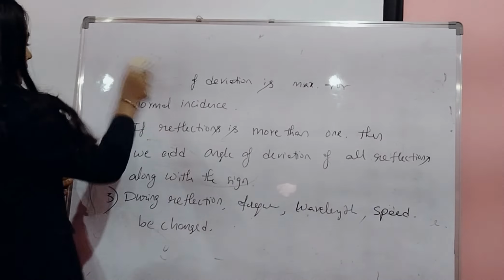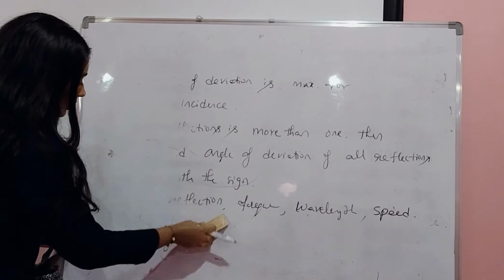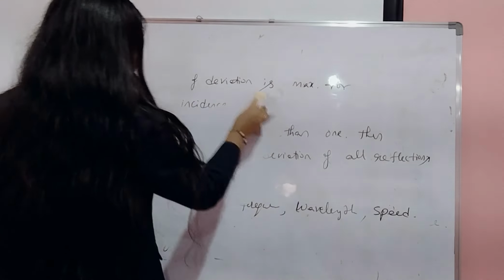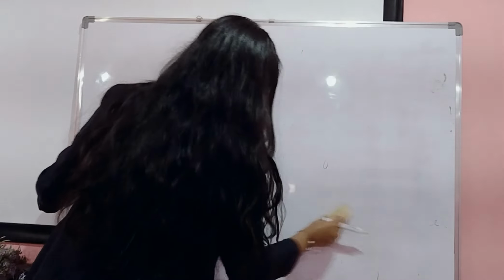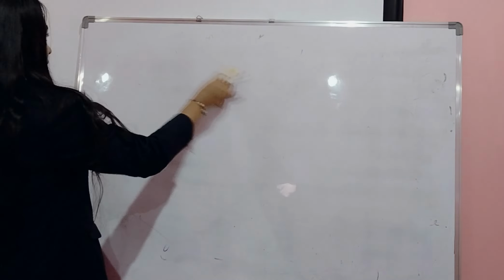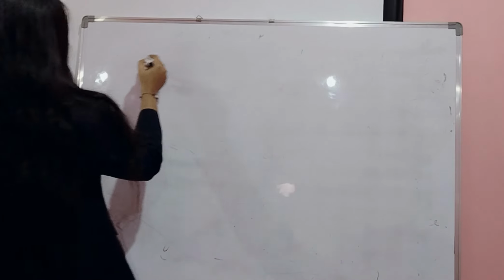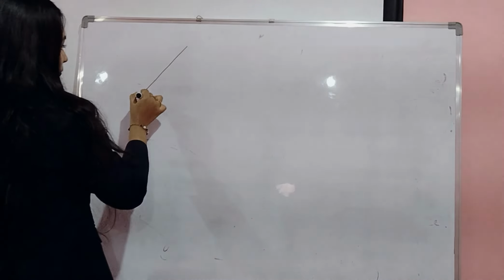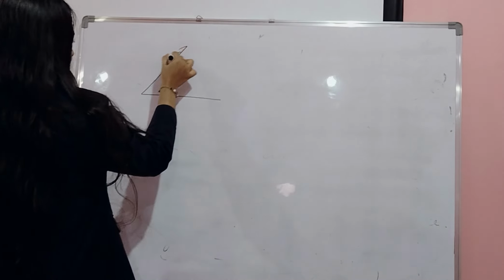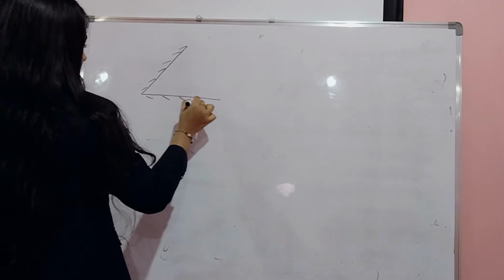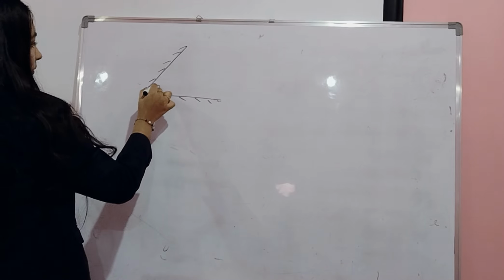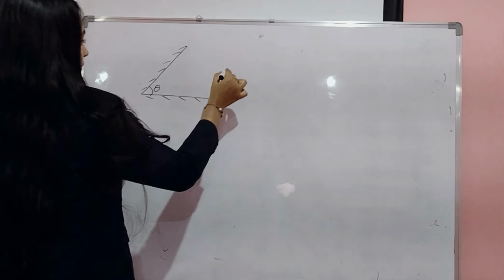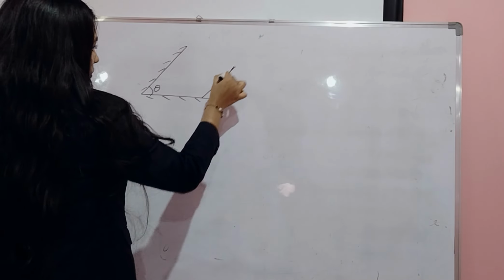So now we see how we calculate angle of deviation for more than one reflection. So here I am taking the case in which two mirrors are making an angle with each other. So let it be theta. Now I am incidenting a light ray on the first mirror.